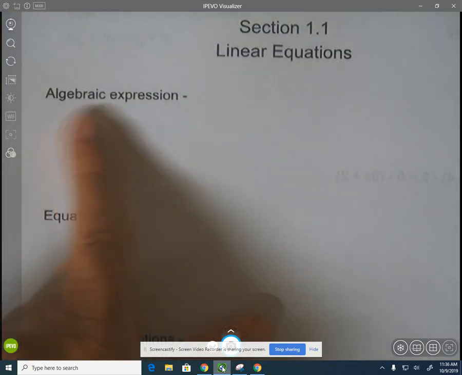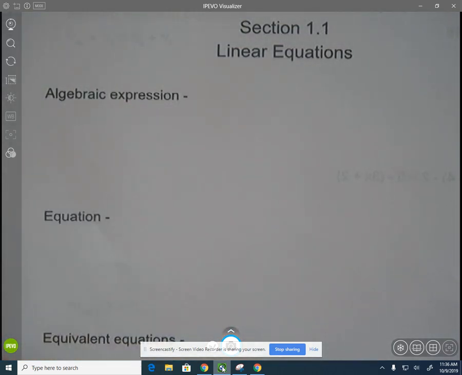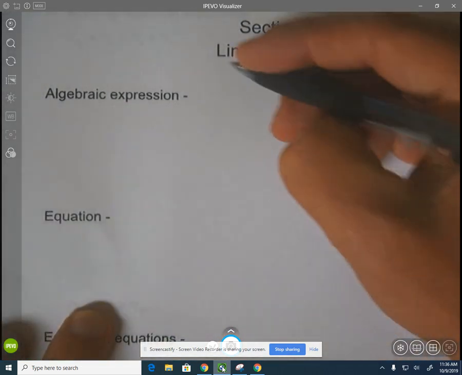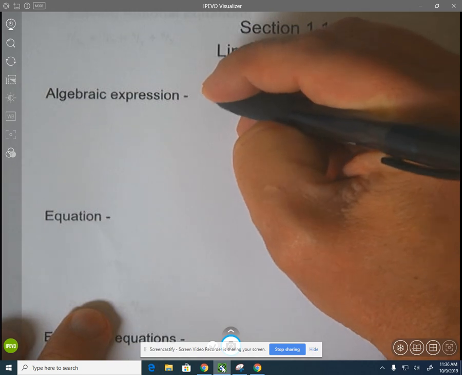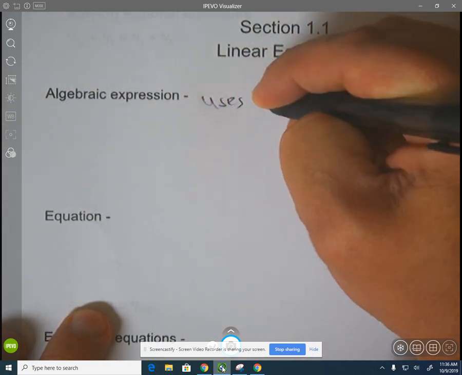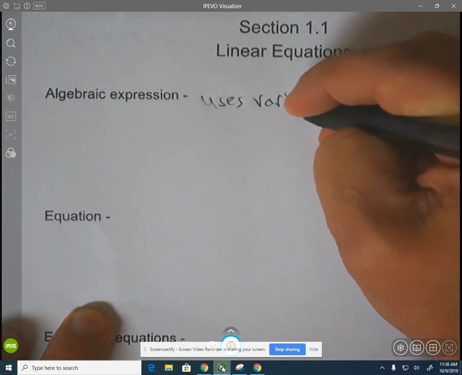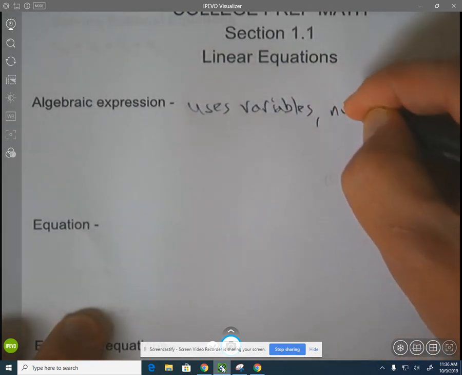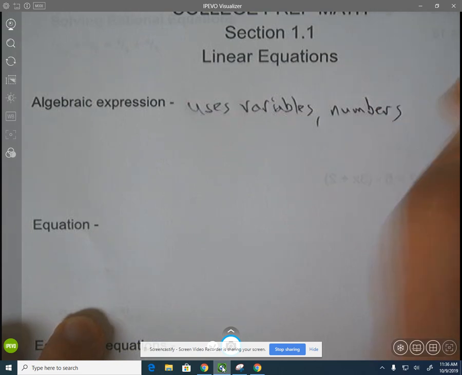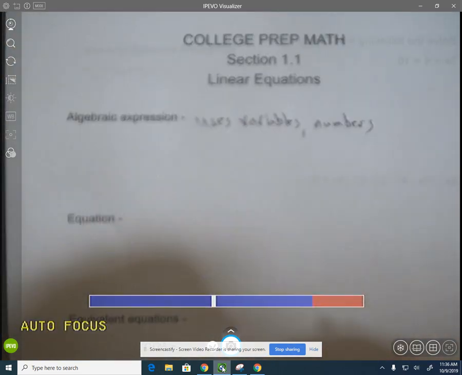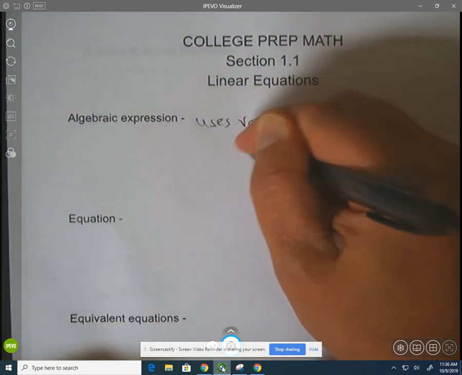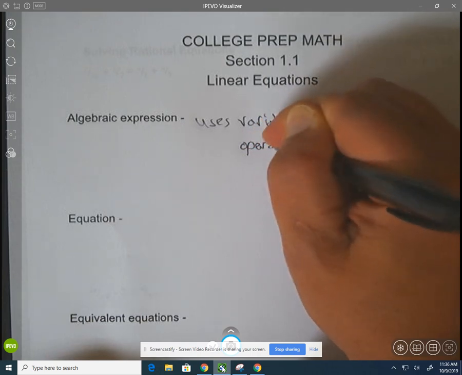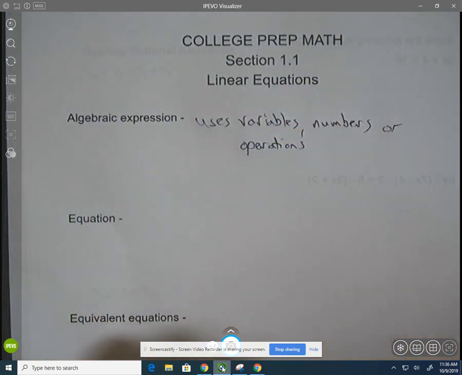All right, so first of all, when we talk about an algebraic expression, an algebraic expression is just something that uses variables, numbers, or operations. And by operations, I mean addition, subtraction, multiplication, division, square roots.